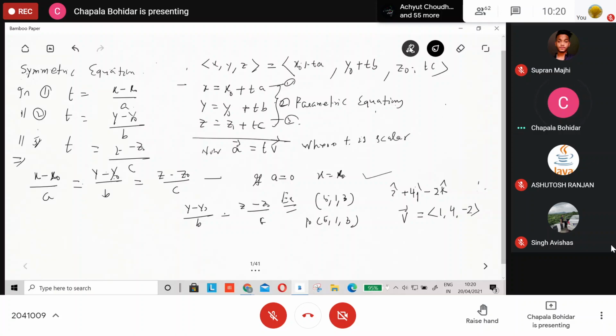Clear? So tv is equal to (t, 4t, -2t). Clear?